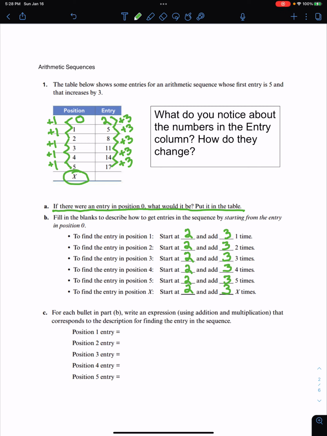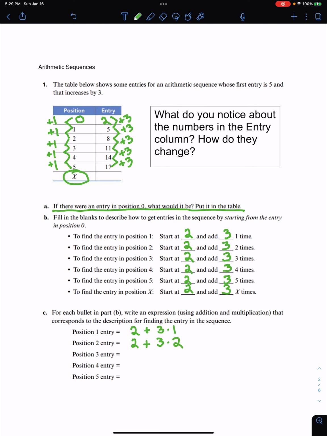So for our position 1 entry, we're going to start at 2 and we're going to add 3 one time. For position 2, we're going to start at 2 and we're going to add 3 2 times.